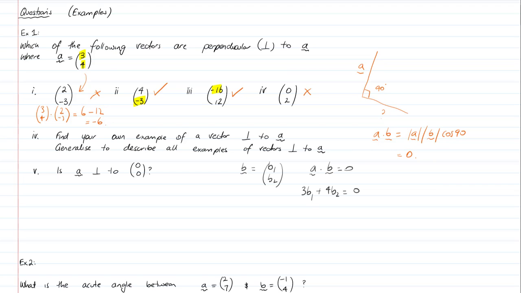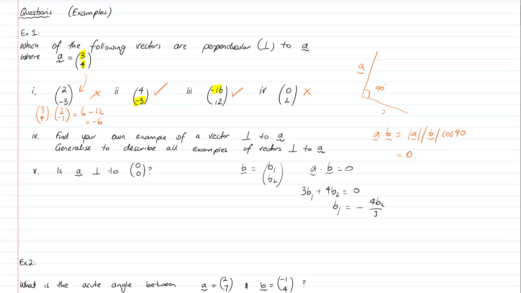Now we can't solve for B1 and B2, and that's okay because we're not expecting to be able to, because we know there are multiple possible answers. So what we're going to do is instead set up a parameter, and we're going to make B2 the parameter. So we rearrange for B1. B1 is equal to negative 4B2 over 3, or negative 4/3 B2.